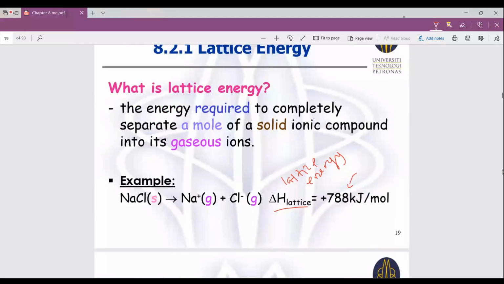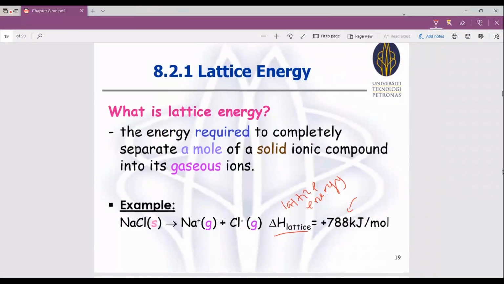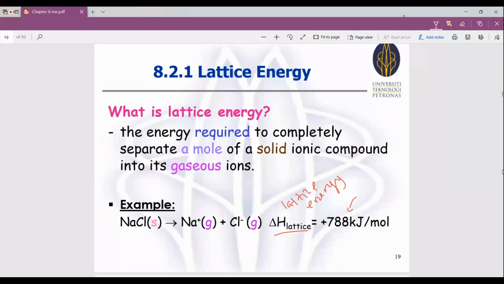Any questions on this? How do we count the lattice energy, Miss? Okay, this value is provided. How do we calculate the lattice energy? We use the Born-Haber cycle in order to get the lattice energy here. I see.